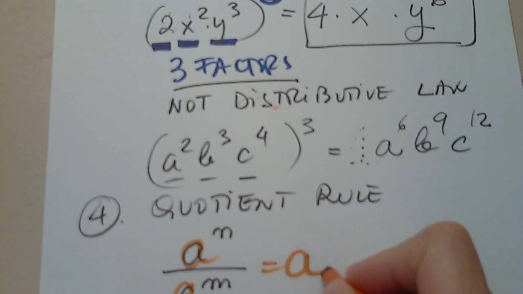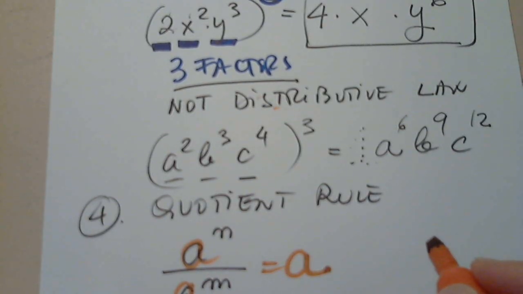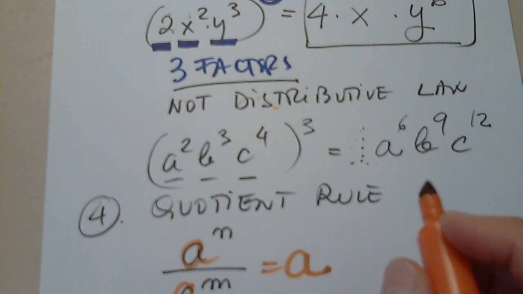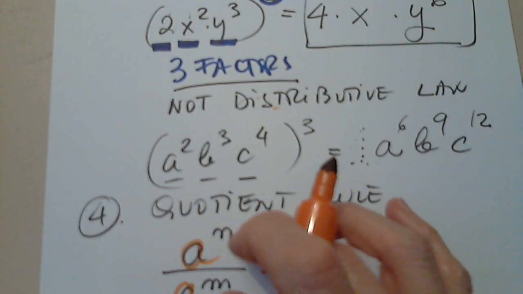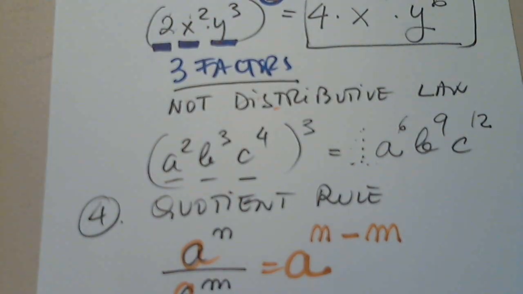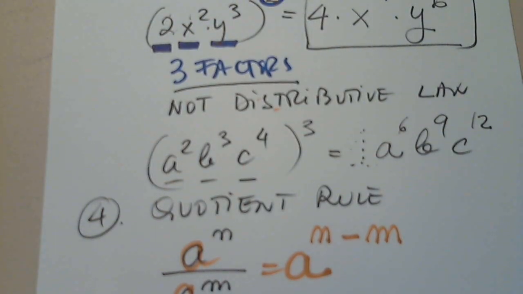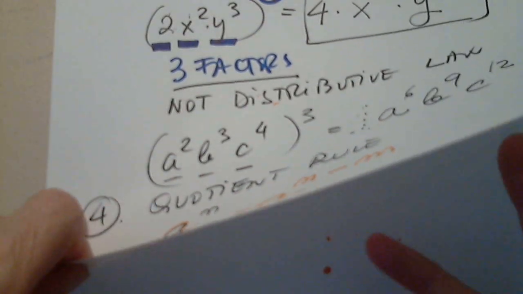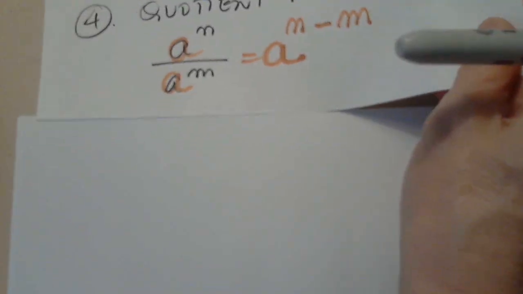We copy the base, and this time we subtract. And it's always in this order. From the power of the numerator, we subtract the power of the denominator, not the other way around. Even if this one is bigger than that, it doesn't matter. You have to keep it as is.